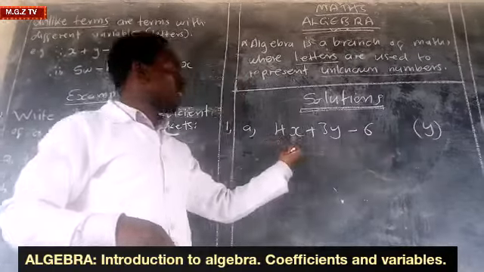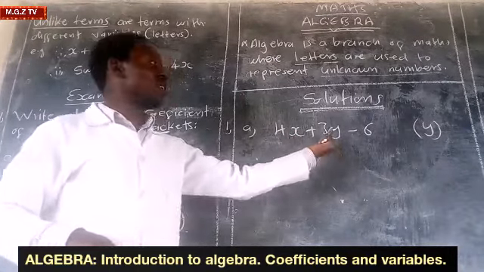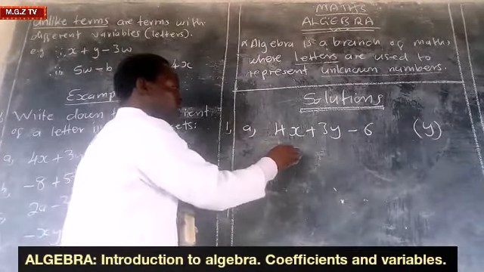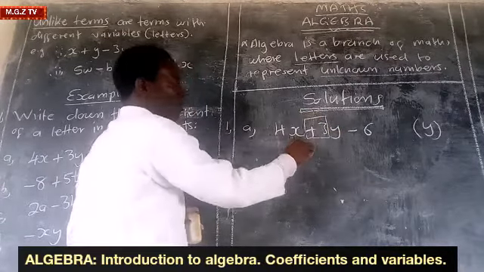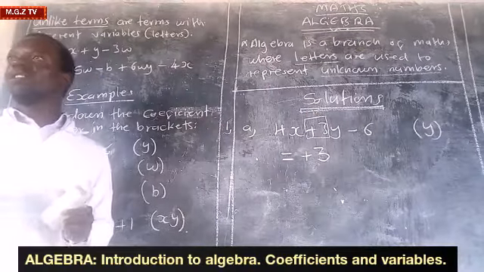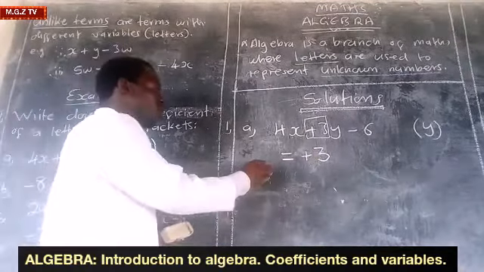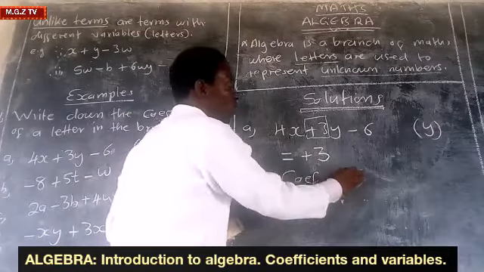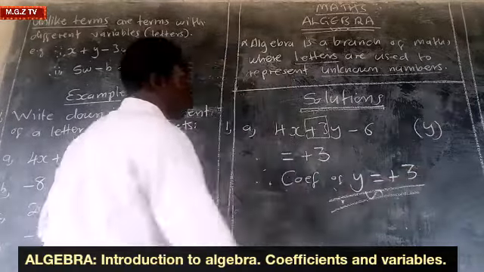Look at these three parts. Here we have x, there we have y. What we want is the number next to y. The answer is positive 3, right? Not just 3. Write positive 3. Therefore, the coefficient of y is equal to positive 3.